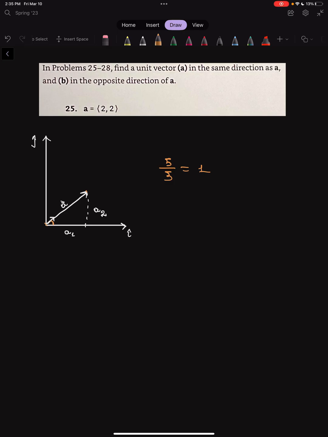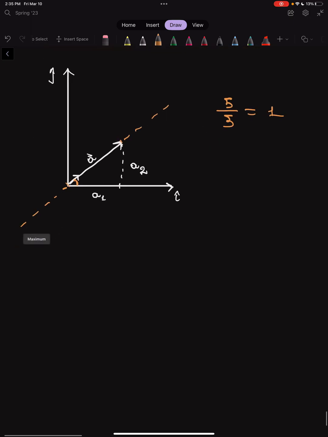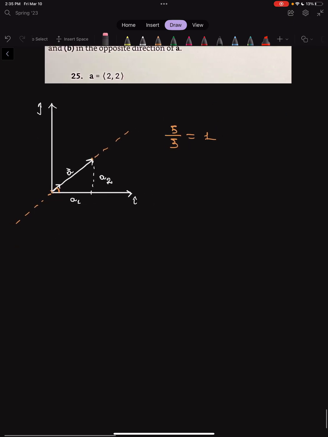Well, guess what? When you're multiplying or dividing a vector by a scalar, you're constrained to this line over here. You can stretch that vector, you can shrink that vector, you can flip it if you multiply by a negative scalar, but you're going to stay on that line. So as long as we multiply a vector by a scalar, that's fine.